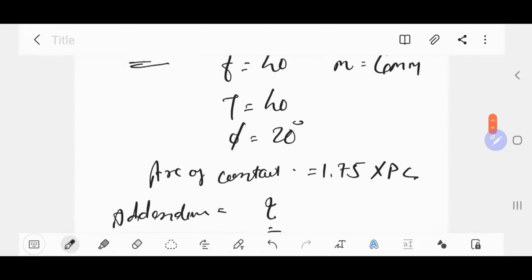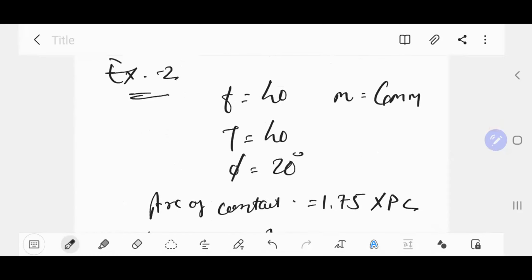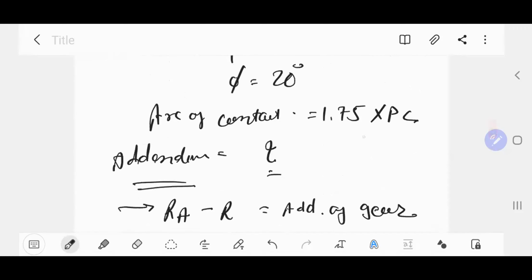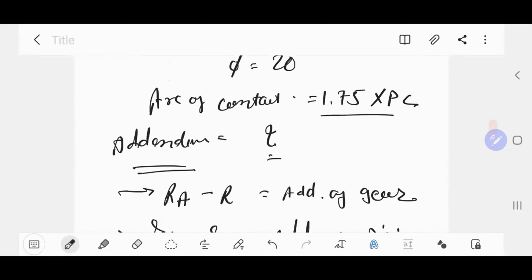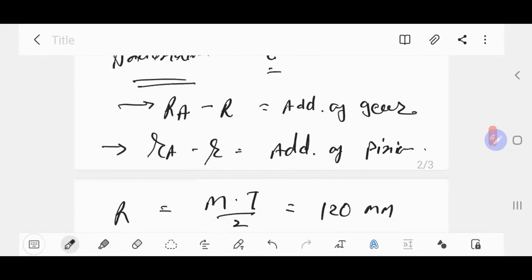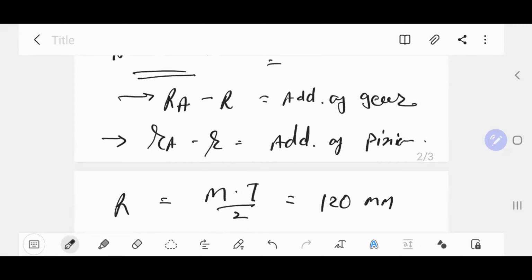See, number of teeth was given. Pressure angle was given, module was given, arc of contact was given as 1.75 into PC, right? And we have to find the addendum. Addendum means radius of addendum minus pitch circle radius. So that will be the addendum of the gear, and the radius of addendum for the smaller one is similar. Capital R and small r we get as mt by 2.